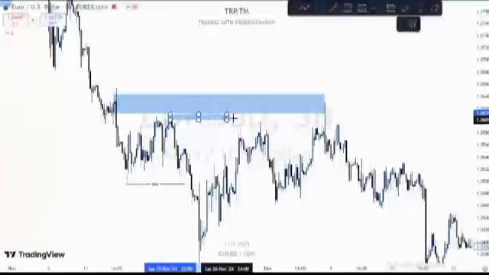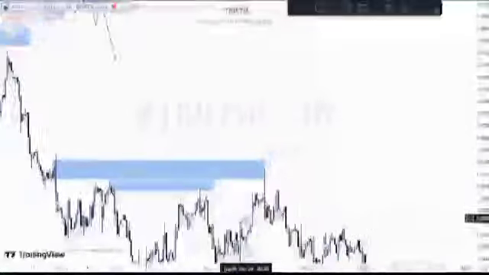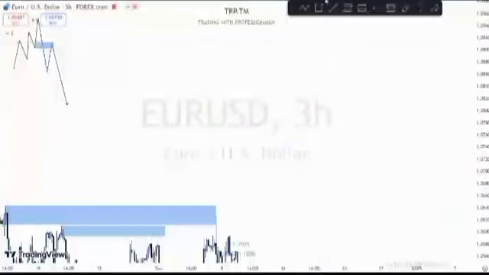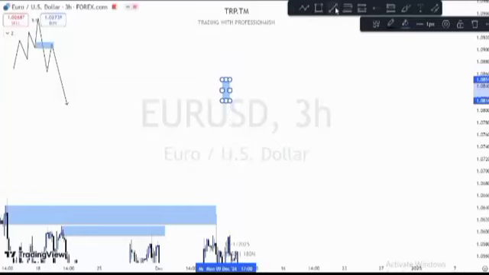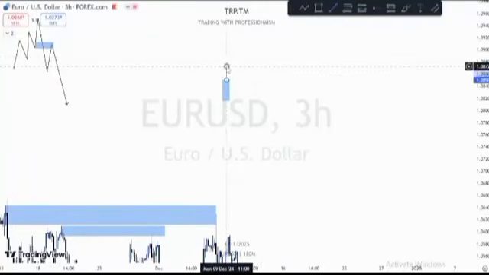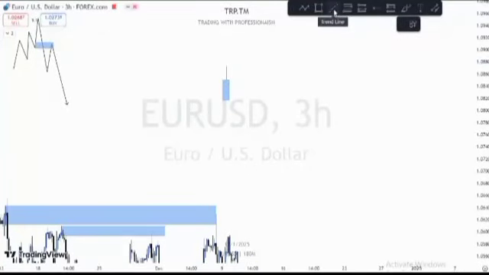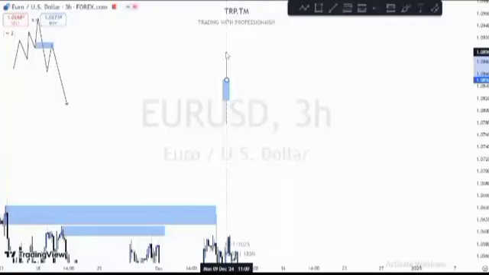One of the most valid order blocks that you see are order blocks that show indecision. Order blocks like this, order blocks like this. Sorry about that. Okay, let me elongate this.